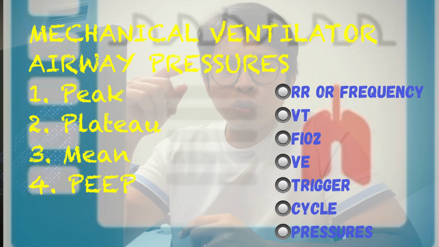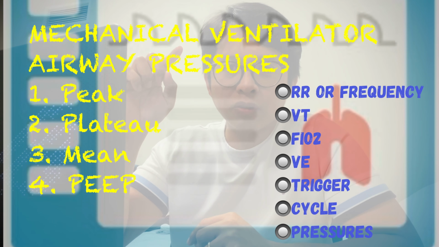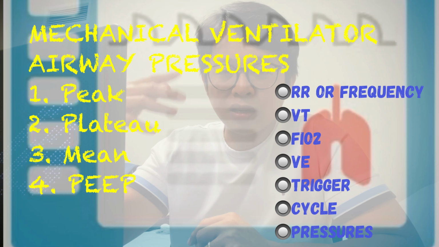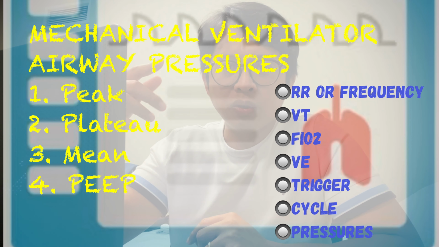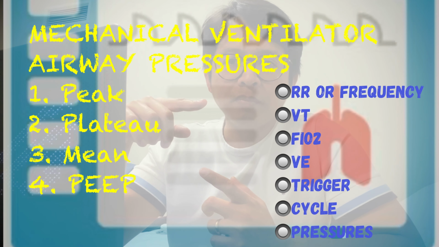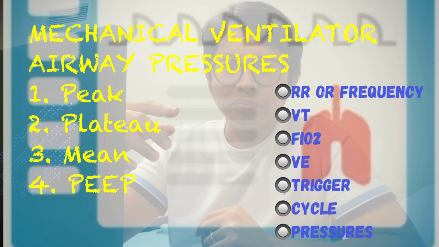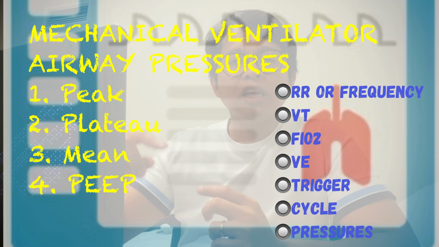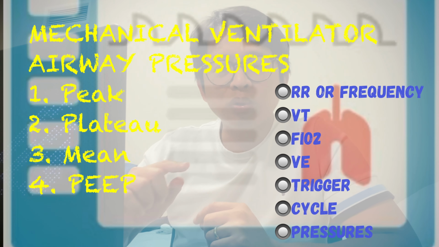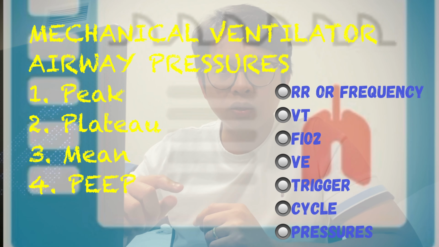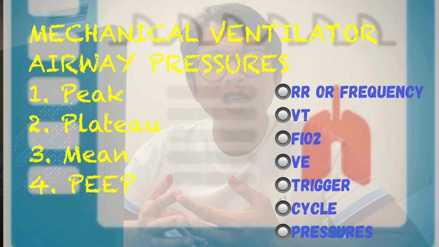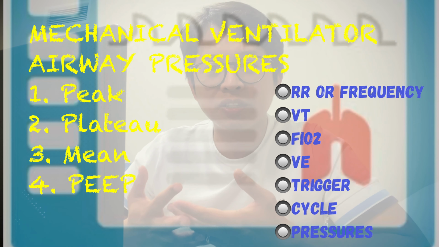Once they do that, the pressure will go down to the level of the alveolar pressure, not all the airway, only the small airway pressure. And it will stay there as long as they're holding that breath. So the plateau pressure is the representation of the alveolar and small airway pressure.